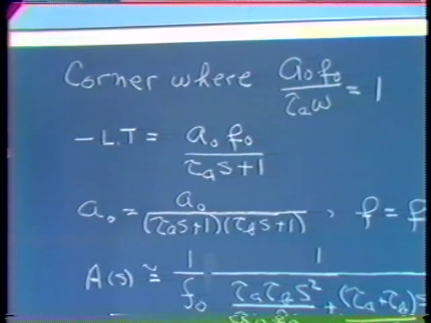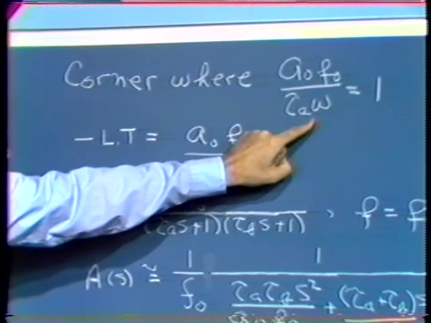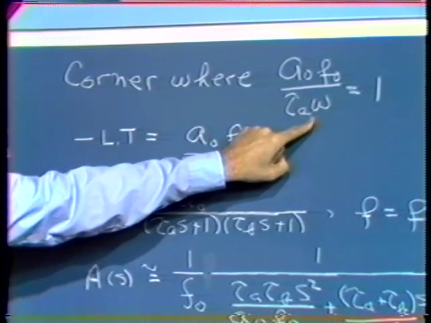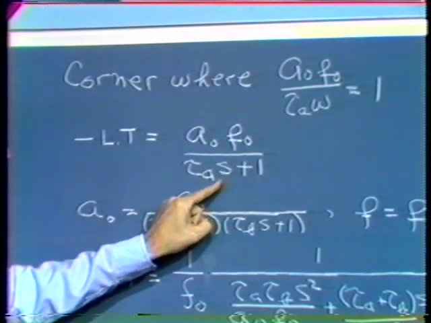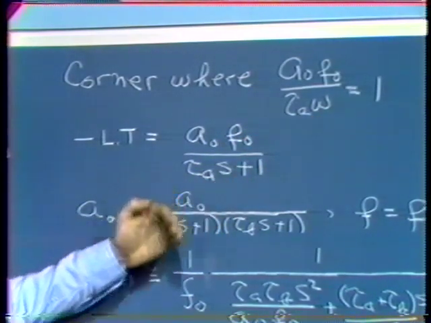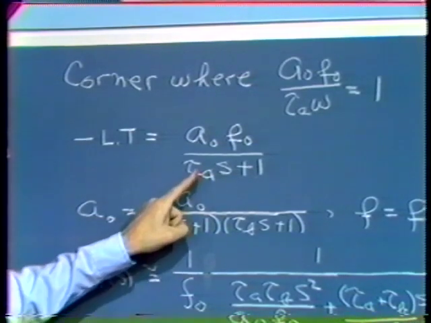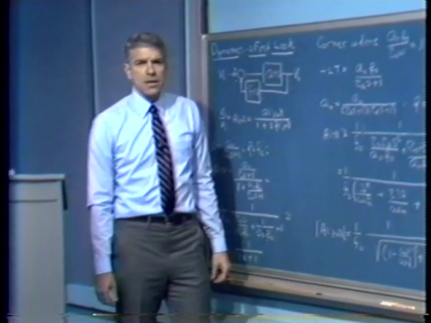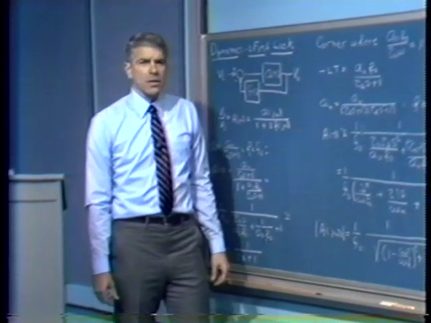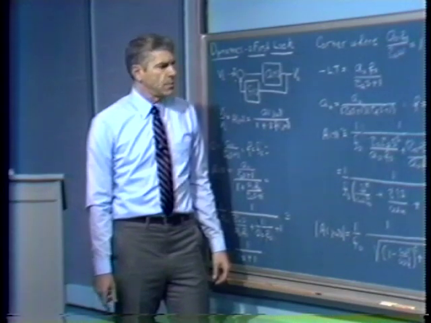We depart from that behavior at the frequency where the loop transmission magnitude is 1. Beyond that frequency, when the loop transmission magnitude is small compared to 1, the closed loop transfer function drops off and in fact becomes effectively identical to the forward path transfer function.